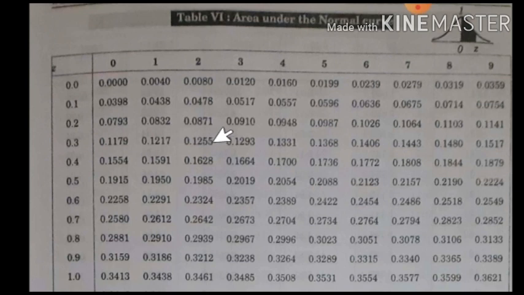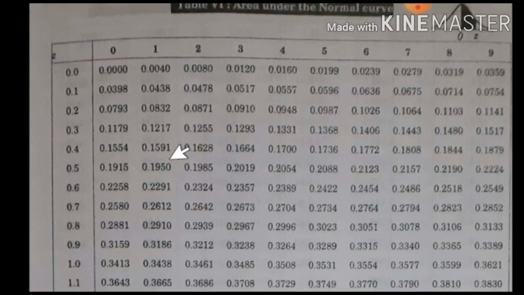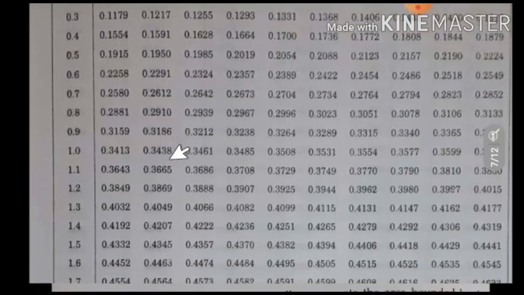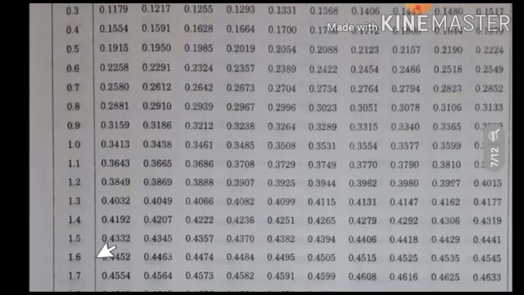If we come across a problem where we need to find the z value 1.73, then 1.7 row-wise, column-wise this is 0, this is 1, 2, 3. So 1.73 means 0.4582. So what do these values represent? They represent the value of area under the normal curve at particular z values.